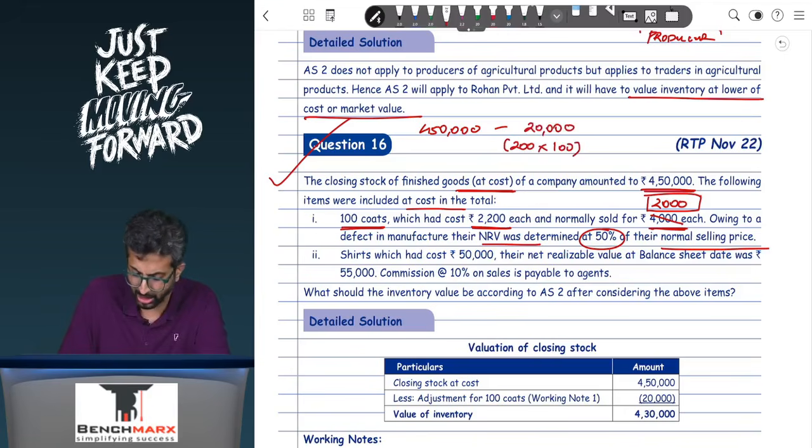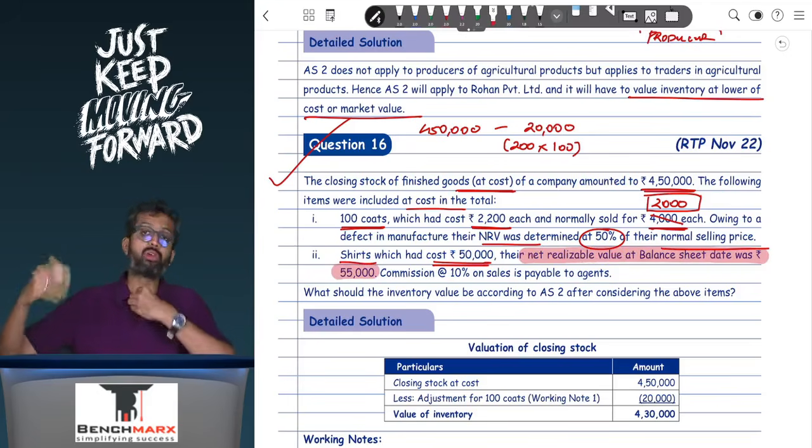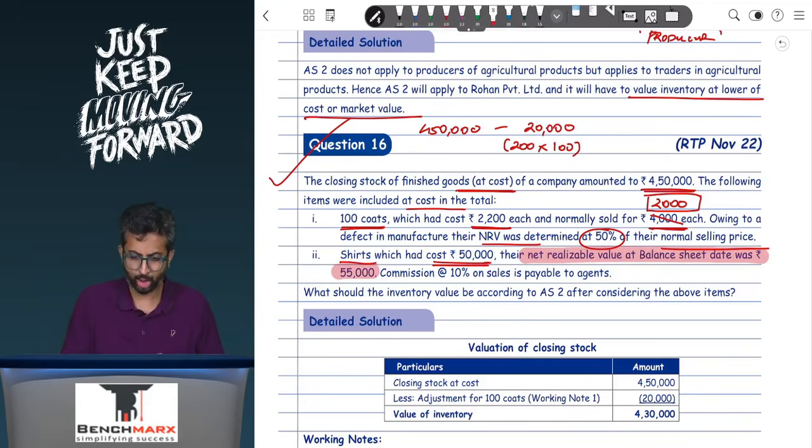Now the second is a little tricky. Shirts which had a cost of 50,000 and their net realizable value, pay close attention, was rupees 55,000. So ideally this is already given to you as net realizable value. So you will compare 50 and 55, select whichever is lower, that is 50. 50 must be a part of your initial cost and hence you don't need to make any adjustment again. Commission at the rate of 10% is payable to agents.